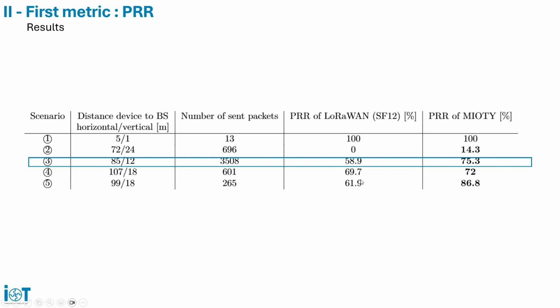We received 61.9 for LoRaWAN, spreading factor 12, and for MIOTY was 86.8%. So, to summarize, according to these results and these special scenarios and our use case, we can conclude that MIOTY is performing better or is more robust in obstructed environments than LoRaWAN.